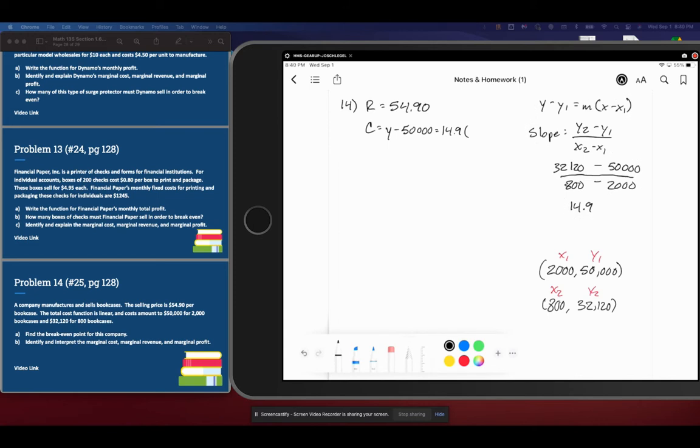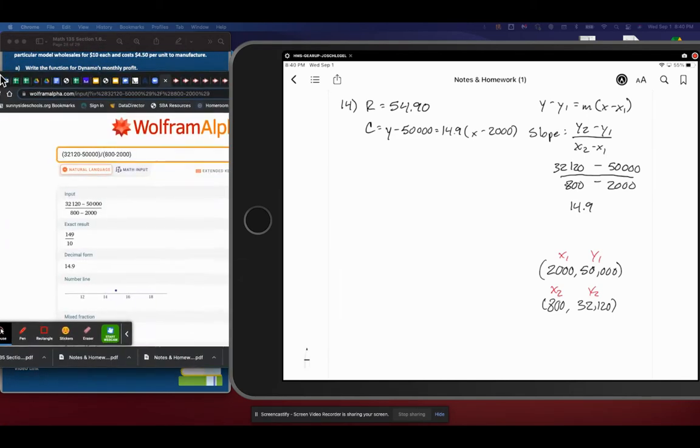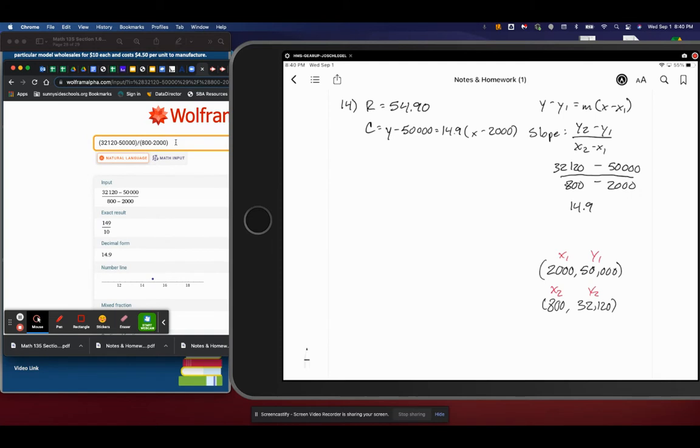And so we did x minus x1, so x minus 2,000. I do not like that cost function, so I'm going to give that to Wolfram and take an alternate form. So we've got y minus 50,000 is equal to 14.9 times x minus 2,000.